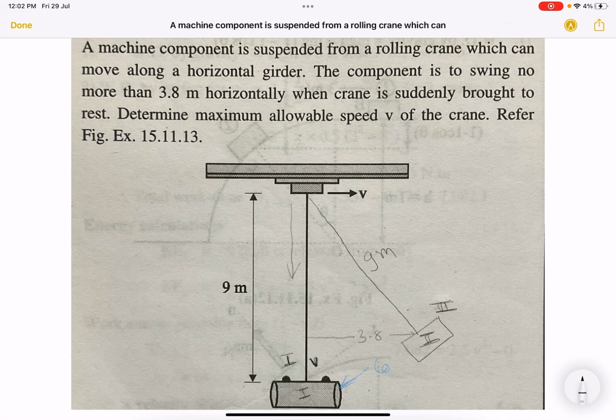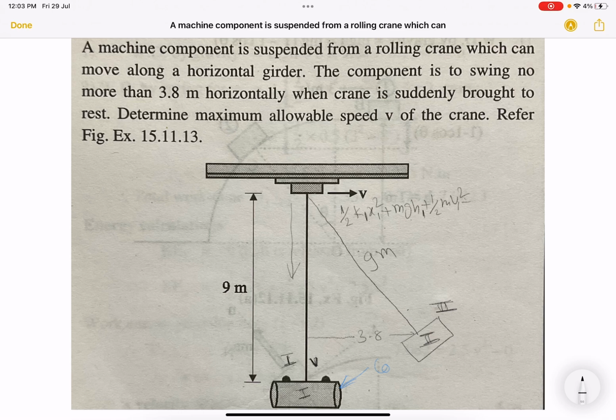At position 1, the body can have different types of energies. One, it can have spring energy, half k1x square. It can have potential energy, mgh1. It can have kinetic energy, half mv1 square, right?